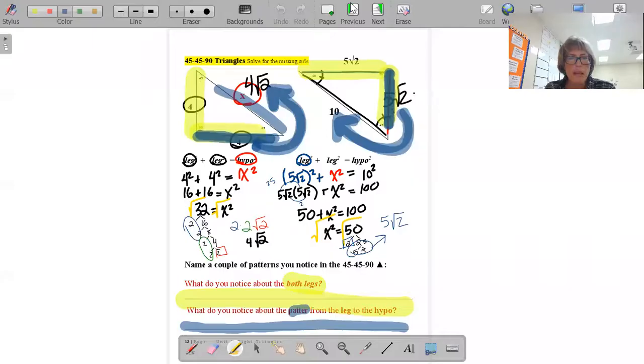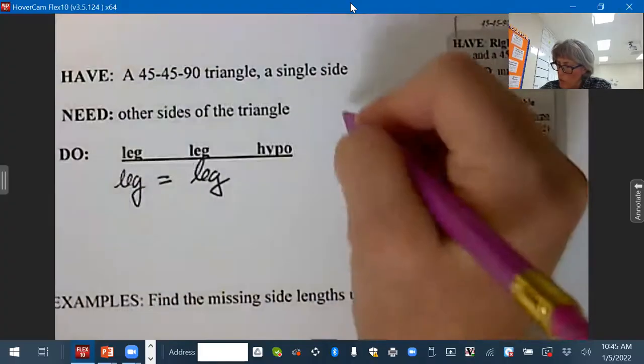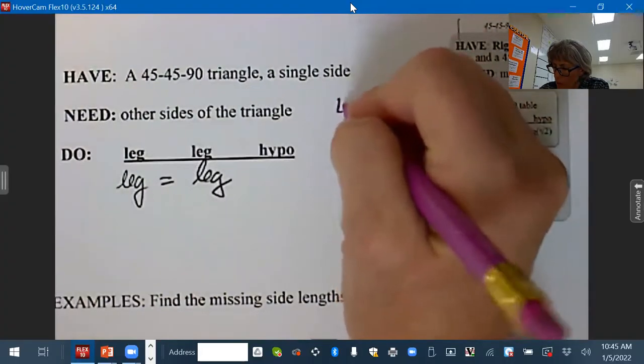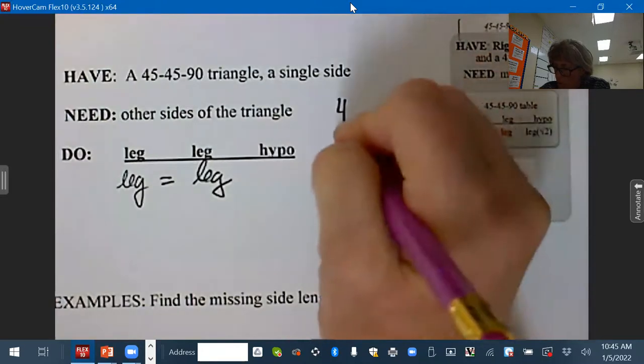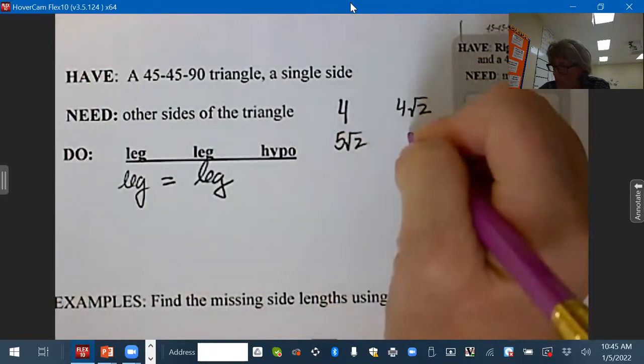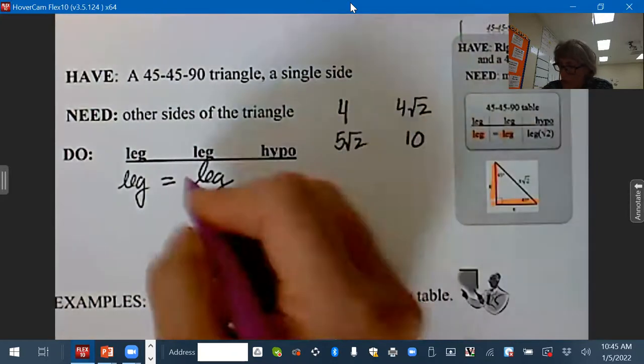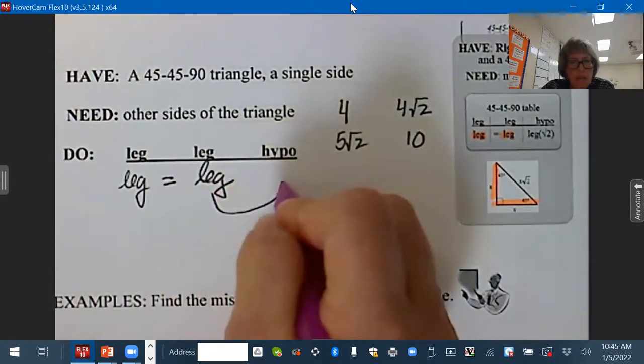And then looking back here, from the leg to the hypo, look at what we did. We went from 4 and ended up with 4 root 2. We had 5 root 2, and we ended up with 10. What changed from the leg to the hypo?